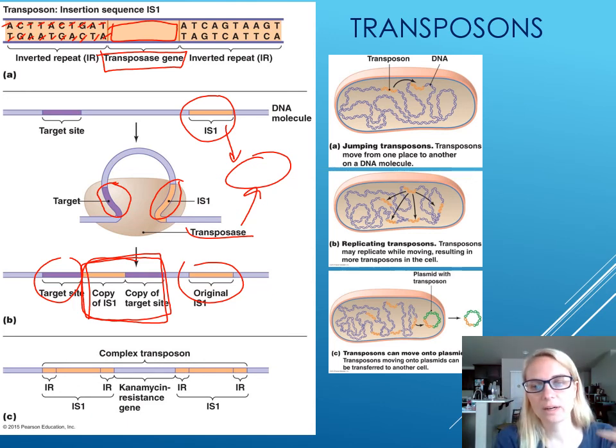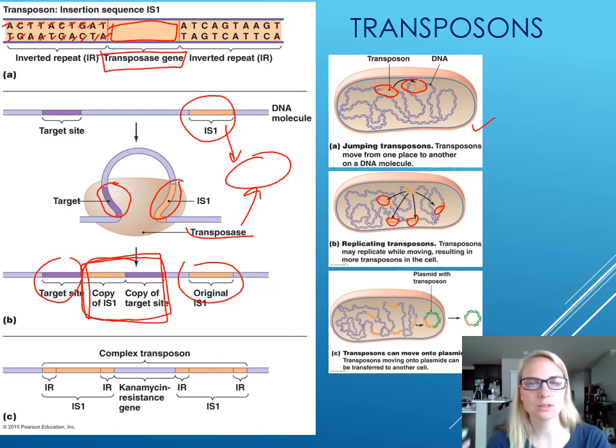And so over here in the picture on the right, in this picture A, we could have one transposon. But then because of the nature of transposon, it bops itself over here. And now we have two genes for transposons. And now we're producing transposase enzyme, which will then copy and jump to other locations on the chromosome, right? So now it's like a self-replicating gene.